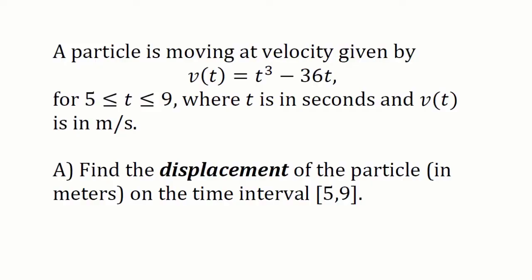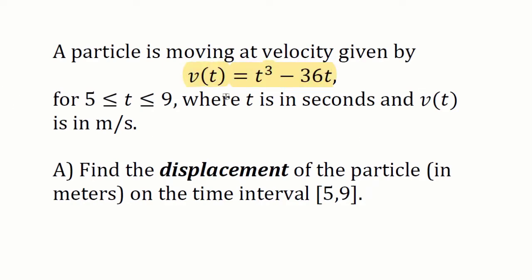All right, so let's look at the description of the problem. We're looking at a particle moving at velocity given by v of t equals t cubed minus 36t. So we have the function that models velocity right here.